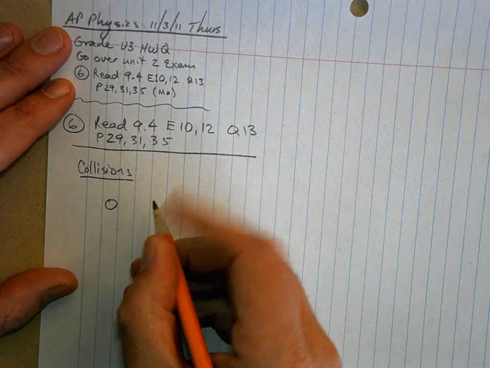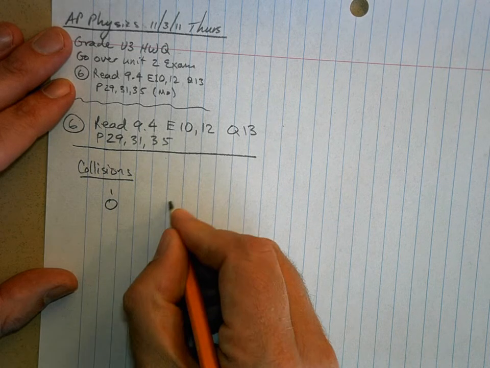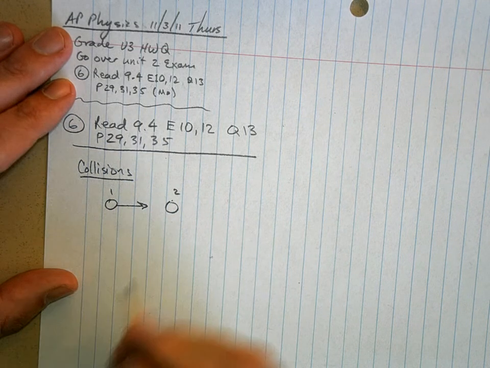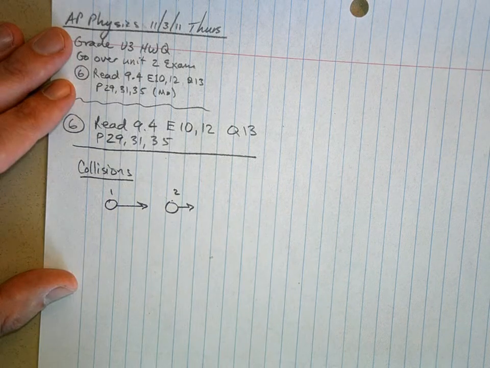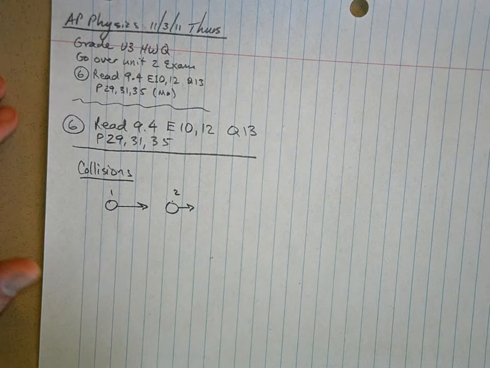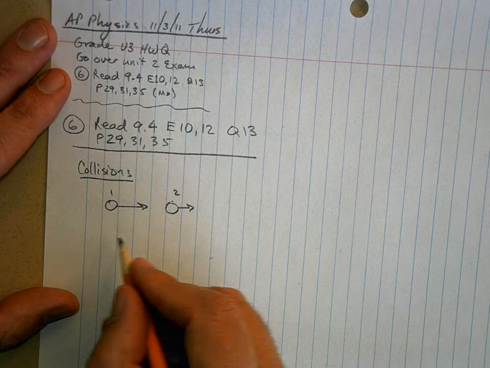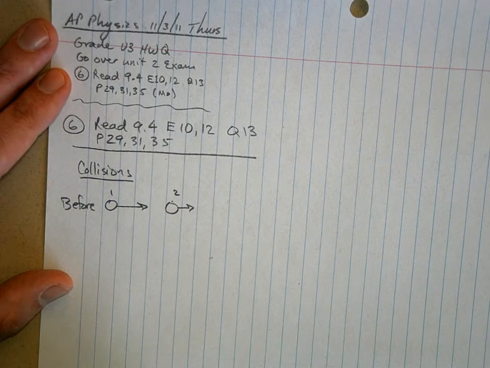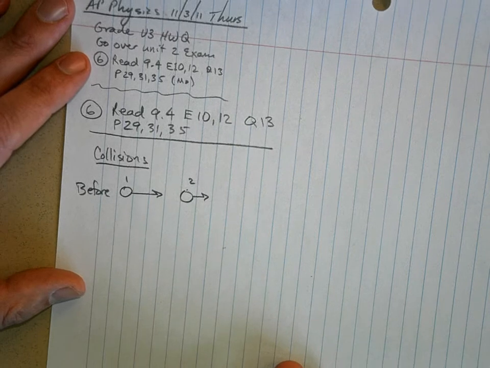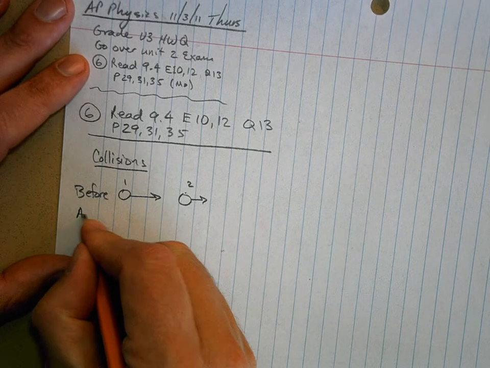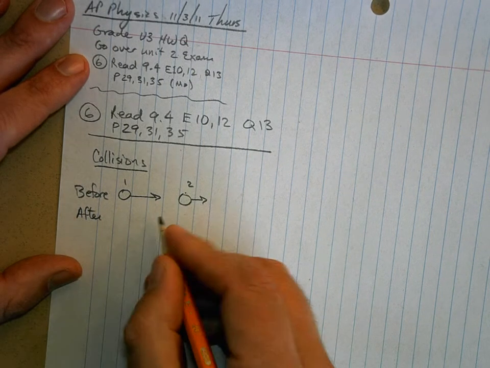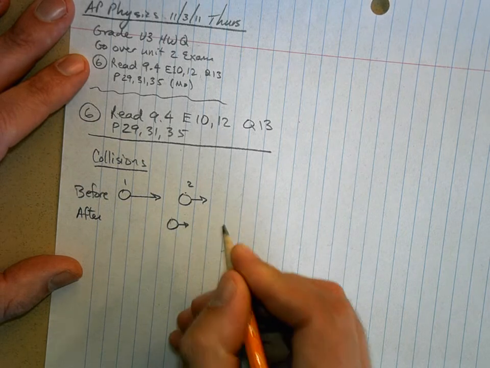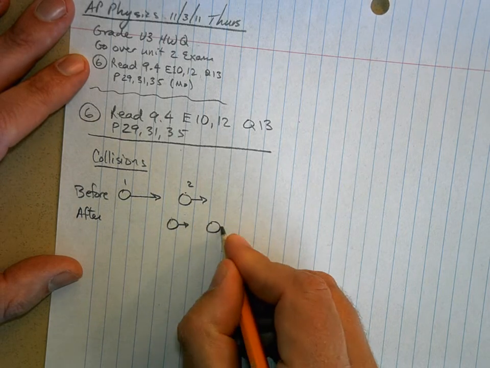Here's before a collision. I've got object 1 and object 2, and maybe object 1 is going really fast. Maybe object 2 is moving a little slower. And then after the collision, maybe 1 is going a little bit slower, and object 2 is really taken off.